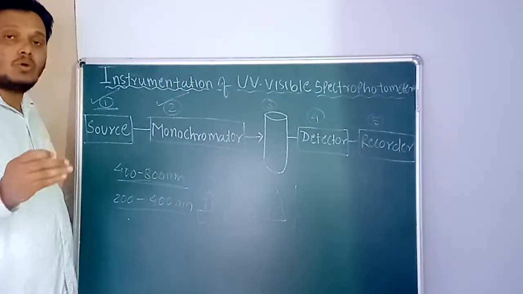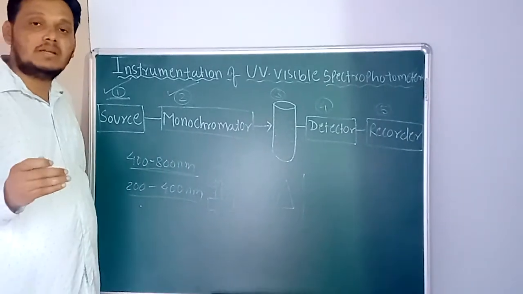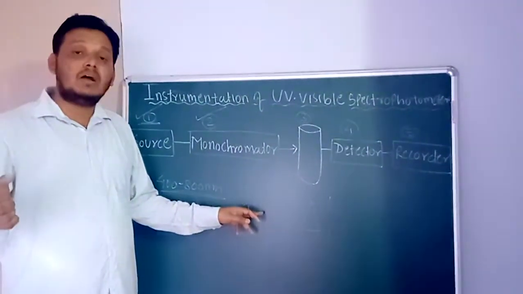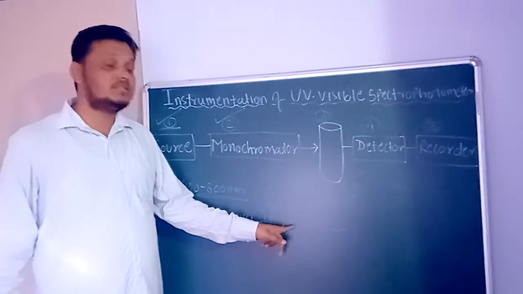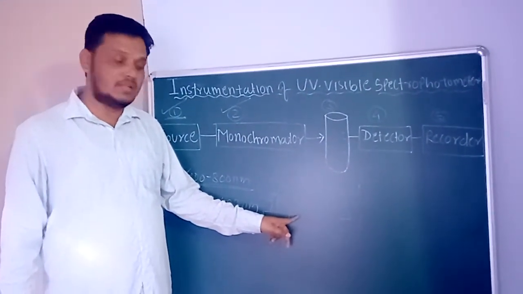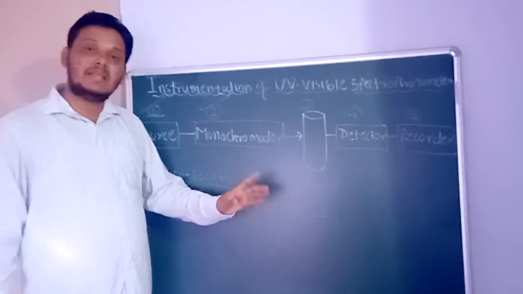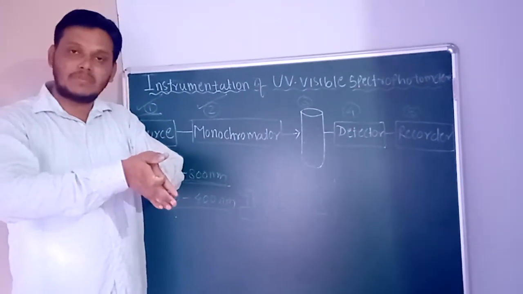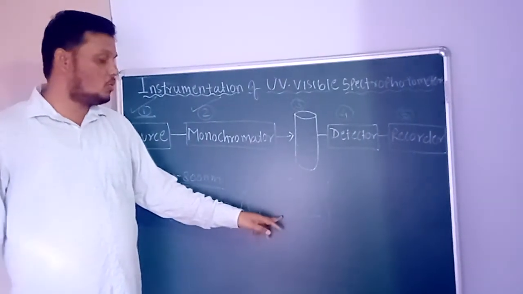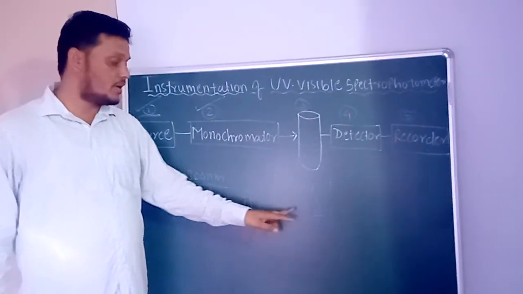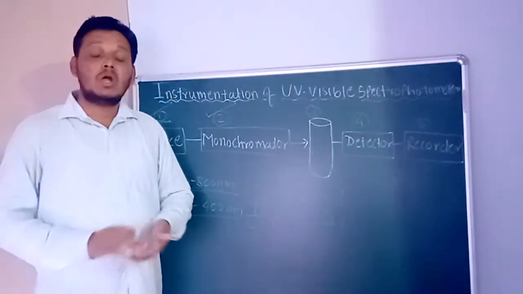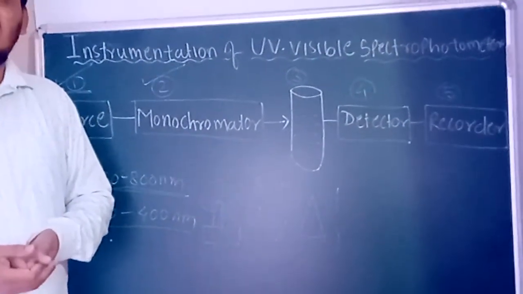Now what is the role of entrance and exit slit? The role of the entrance slit is to restrict the unwanted radiation. The role of the lens or mirror is to focus the beam parallel onto the sample. And the role of the dispersing medium or prism is to isolate the polychromatic radiation.